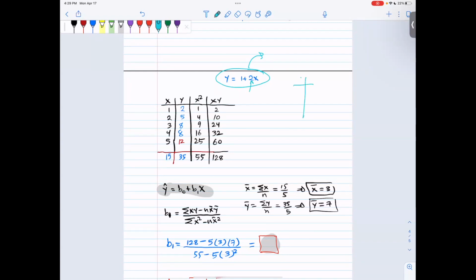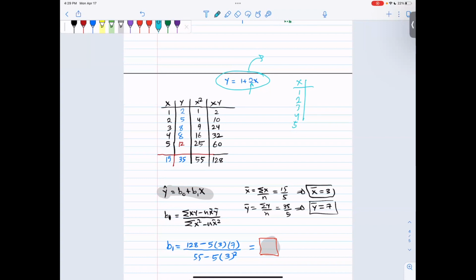So if we say x is 1, 2, 3, 4, 5, then if we plug in the values here, y equals the first one 3, and then 5, then 7, then 9, and then 11. Look, if you look here, every time we add 2.